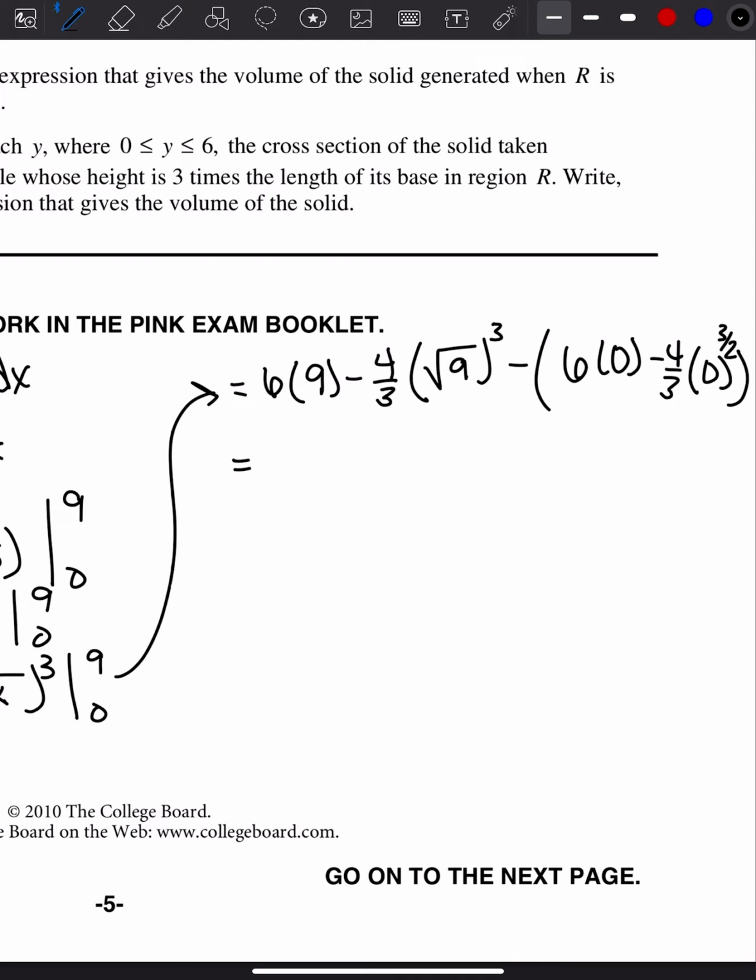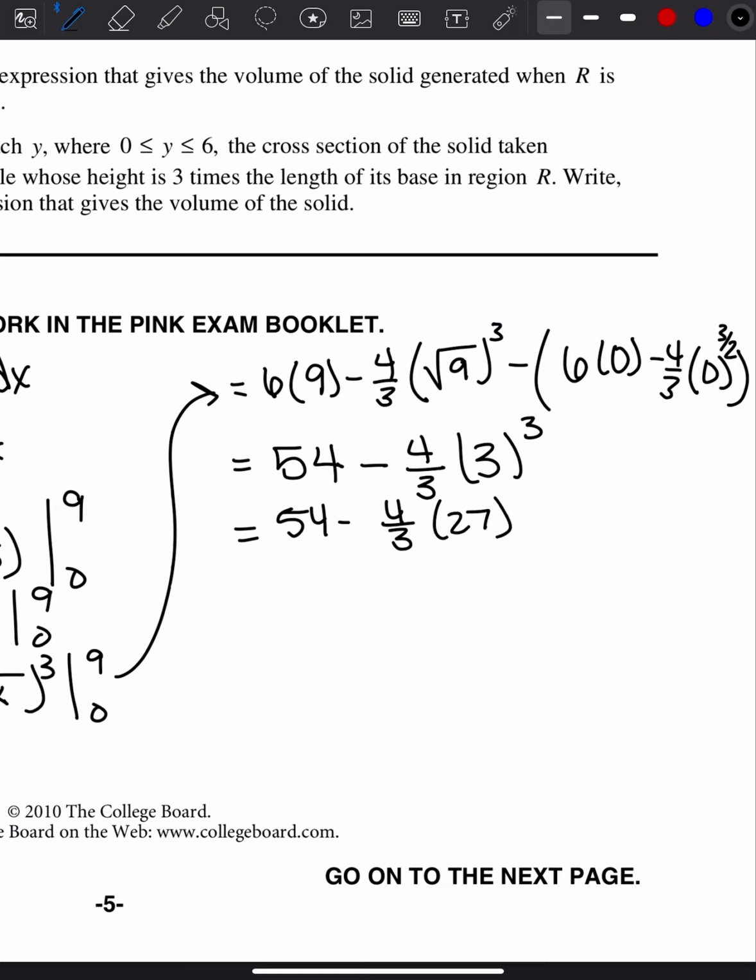So we have 6 times 9, which is going to be 54, minus 4/3 times the square root of 9 cubed. The square root of 9 is 3, and so we're looking at 3 cubed. So we have 54 minus 4/3 times 27, which is 3 times 3 times 3. I could also manipulate this a little bit because we are dividing by a 3 and multiplying by 4, so I could really do 4 times 3 squared.